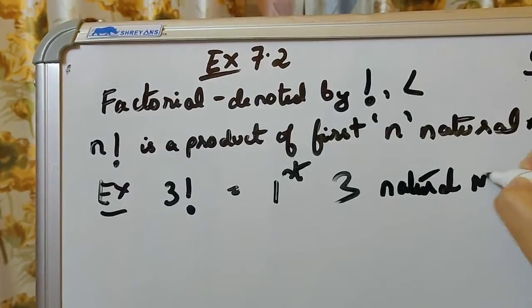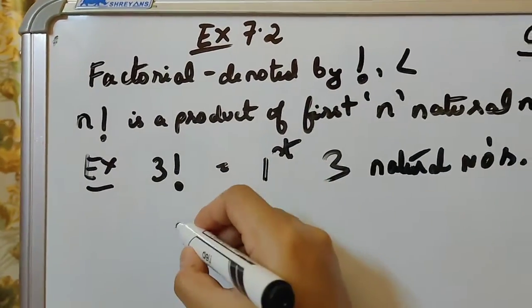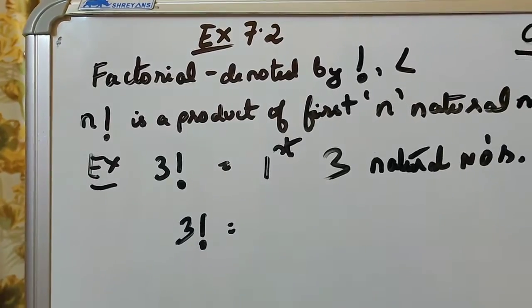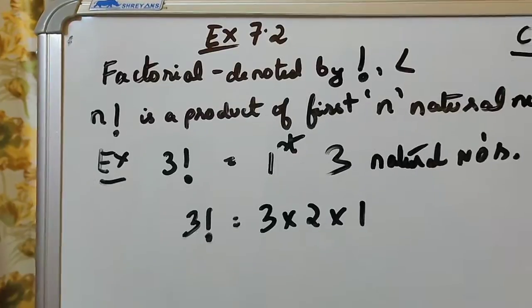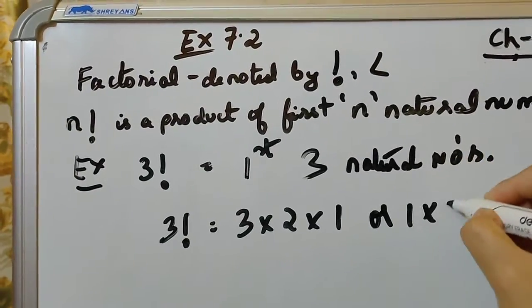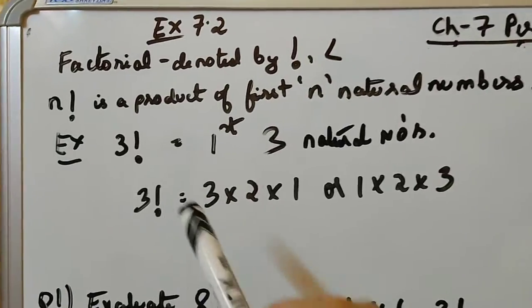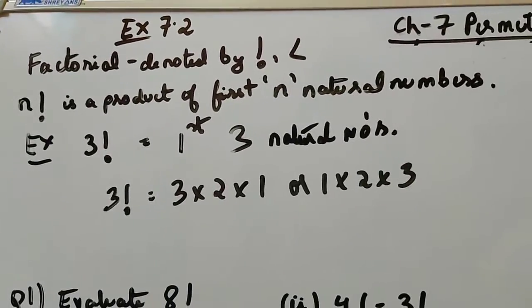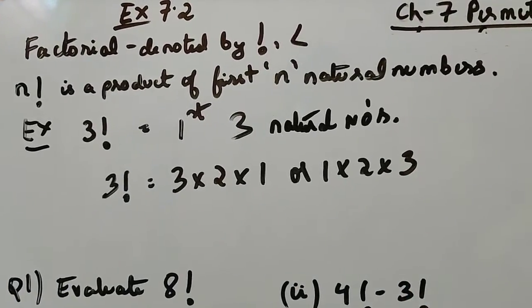Product of the first 3 natural numbers. That is, 3 factorial will be written as 3 into 2 into 1 or 1 into 2 into 3. You can write it this way also, same thing.